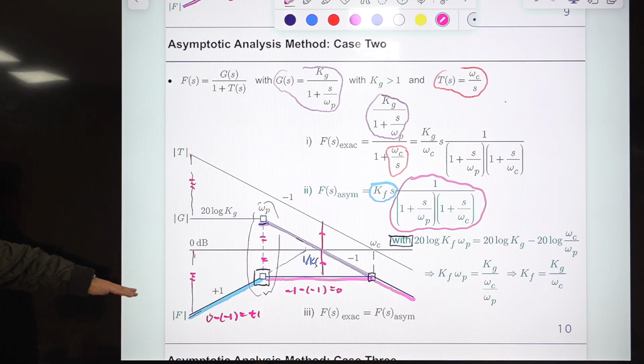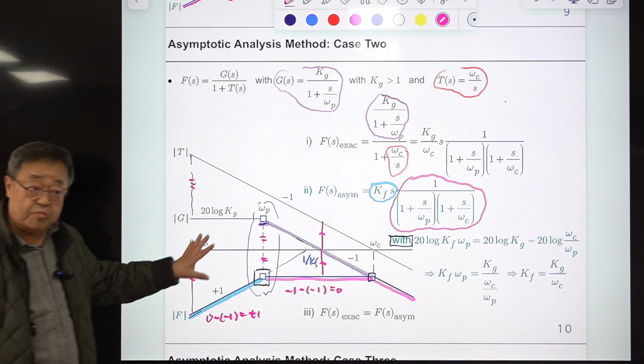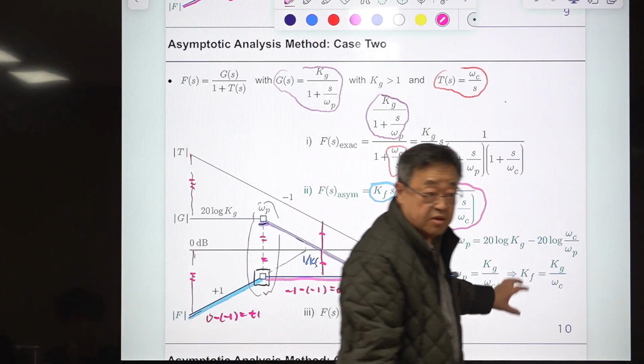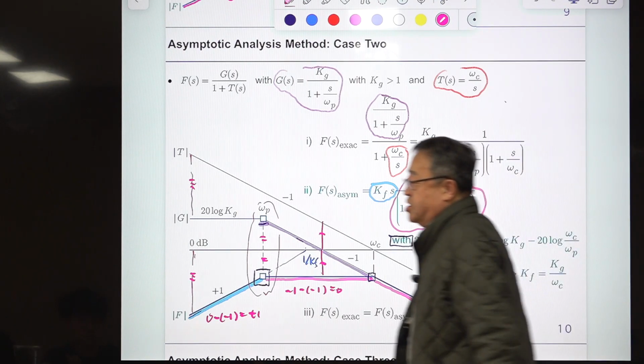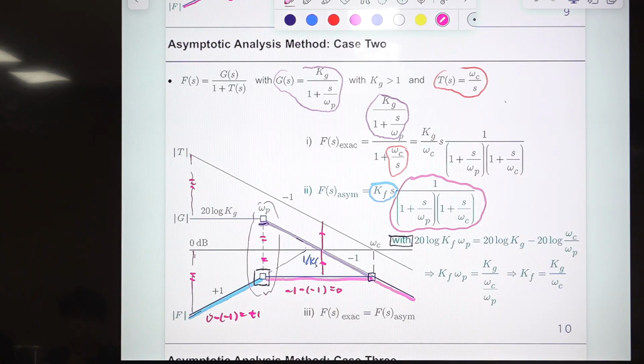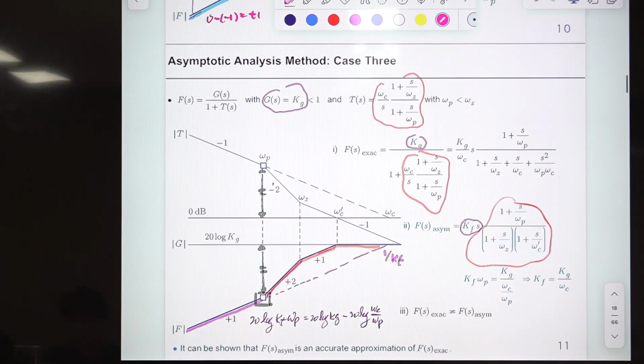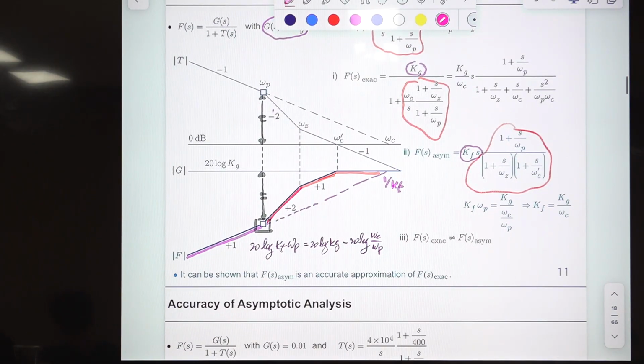Okay, this is a way of constructing this. You need some practice here. But this one is easy. Later on, it becomes an almost automatic procedure, plotting this. Okay, so you have another example.